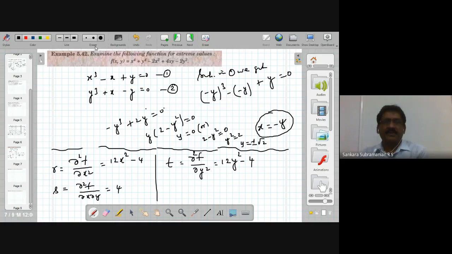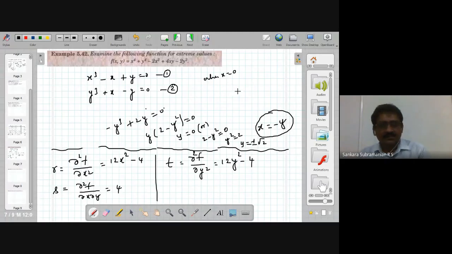Can you tell me what are the stationary points now? When y equal to 0, well, that's what we have found. If you put y equal to 0 in this equation, we get x is equal to 0. So therefore, the first point P1 is 0, comma 0.